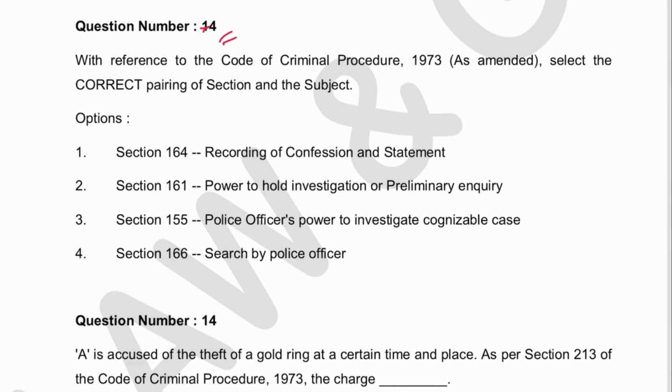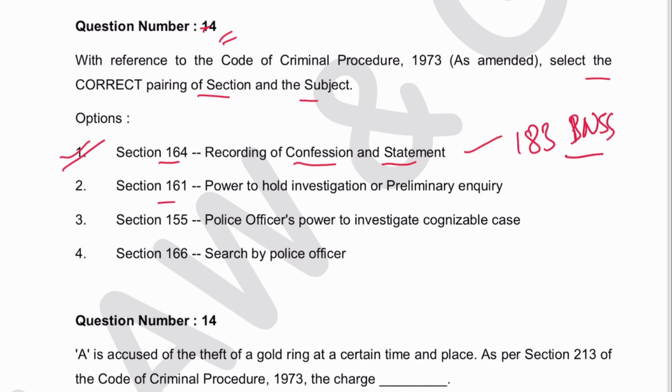This is 14. With reference to CRPC as amended, select the correct pairing of section and the subject. Section 164, recording of confession and statement. This is correct. So first is correct, so 1 is the answer. Now this section has become section 183 in BNSS.